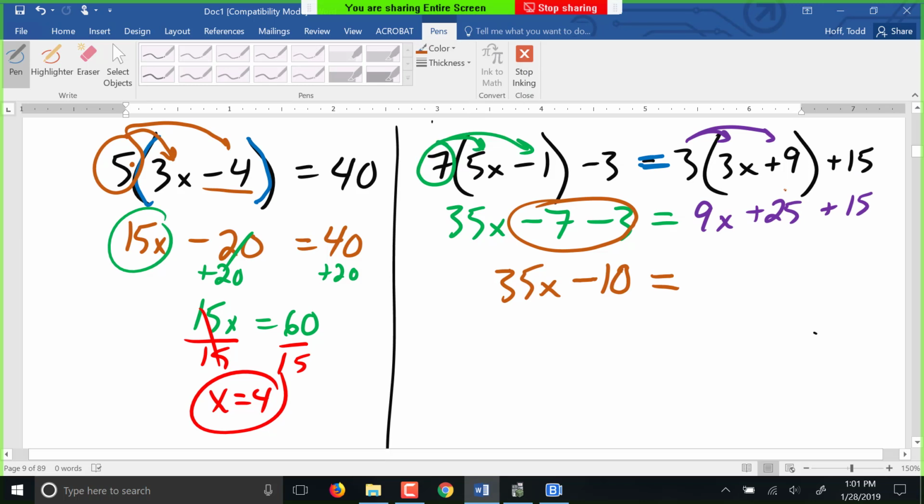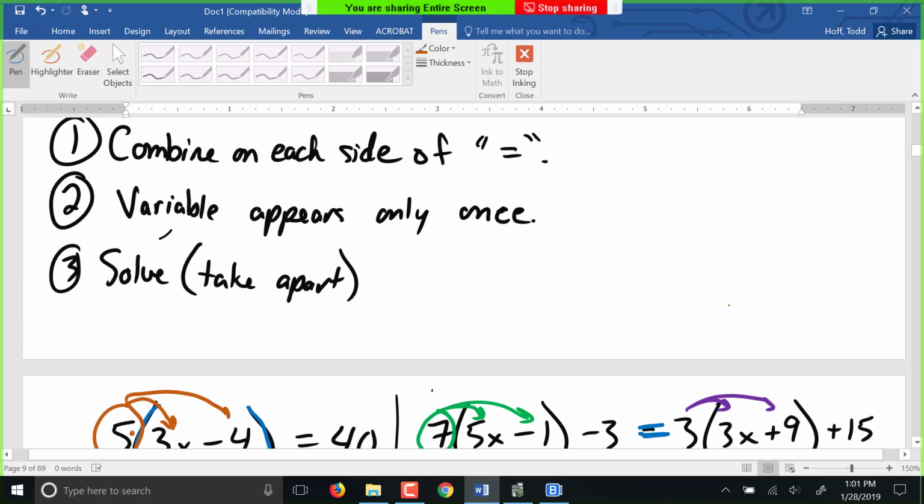We can combine 27 and 15. So we still got 9x plus 27 plus 15 makes 42, good.